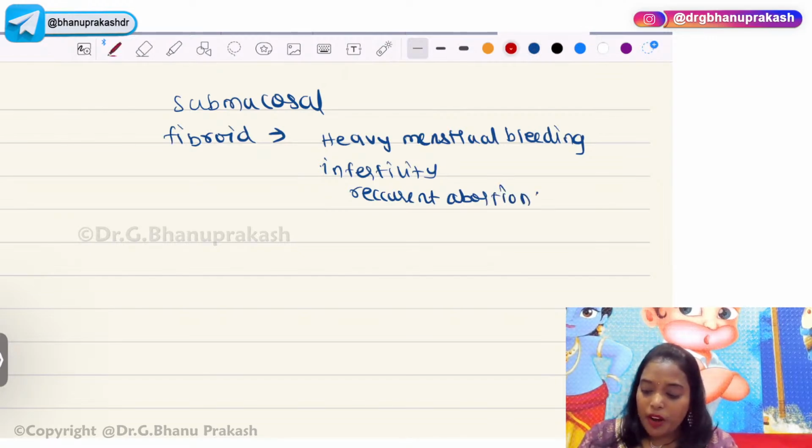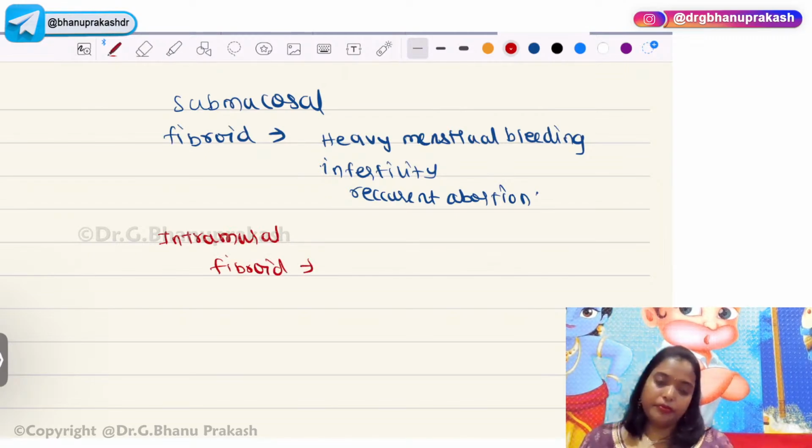What will be the symptom of intramural fibroid, guys? What is the symptom of intramural fibroid?